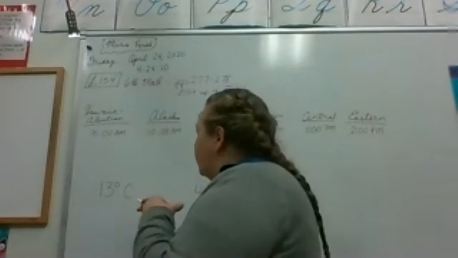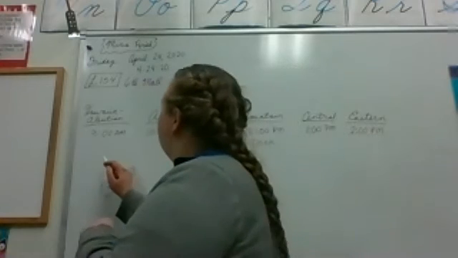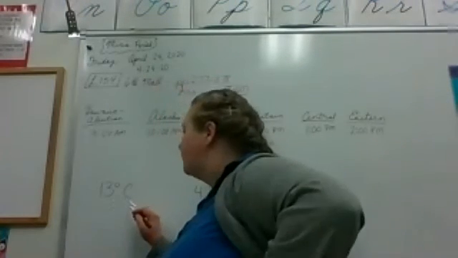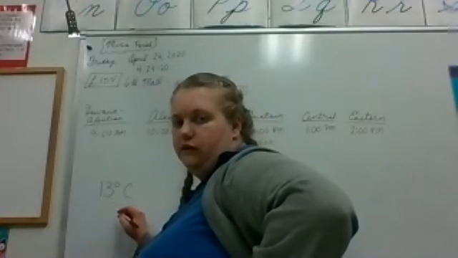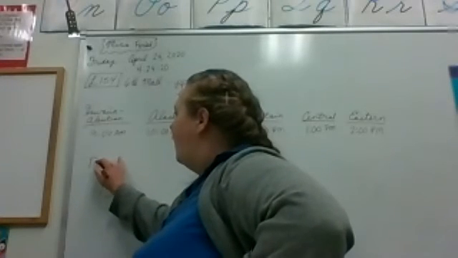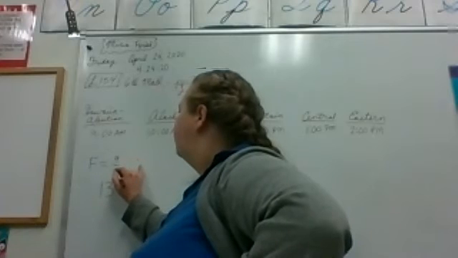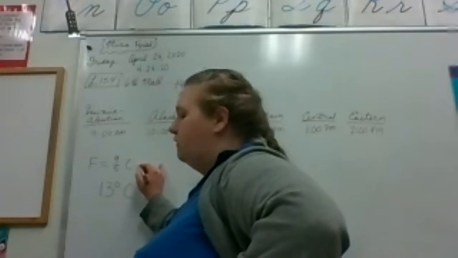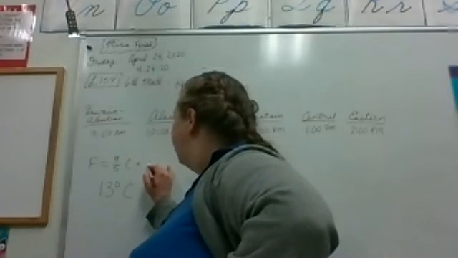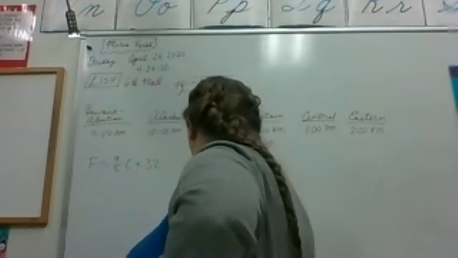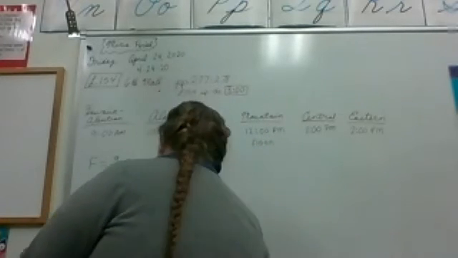So, converting to the nearest whole degree. If we have 13 degrees Celsius, or we're given Celsius, what's the formula we're going to use for this one? F equals 9/5 C plus 32, okay?